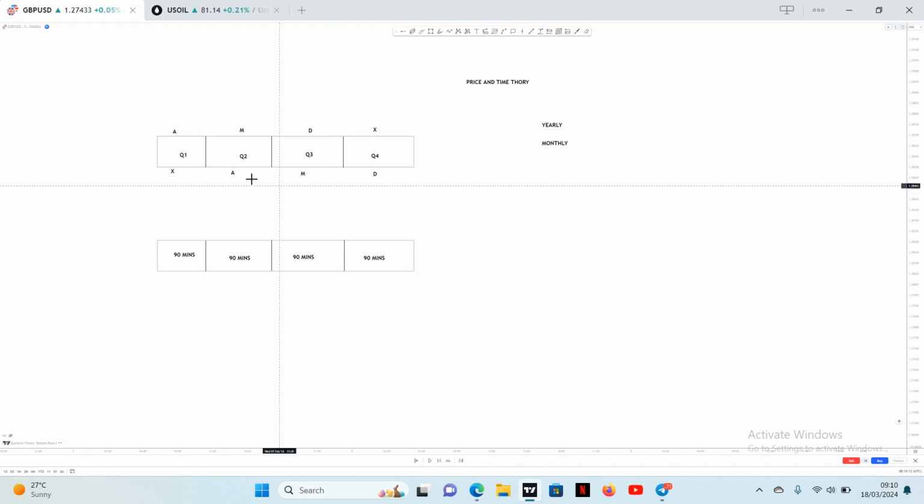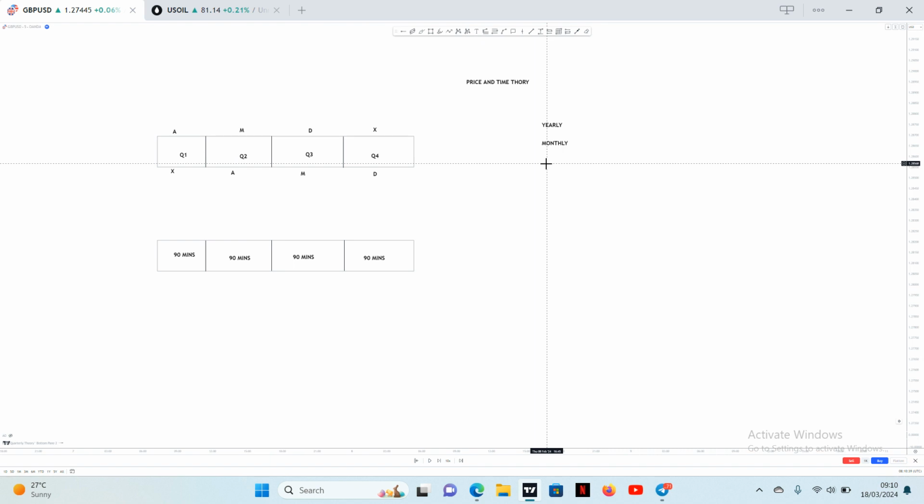As a matter of fact, quarter two always starts from the second Monday of the month, and it's almost regarded as the true opening of that month. So you start from Mondays and you count.